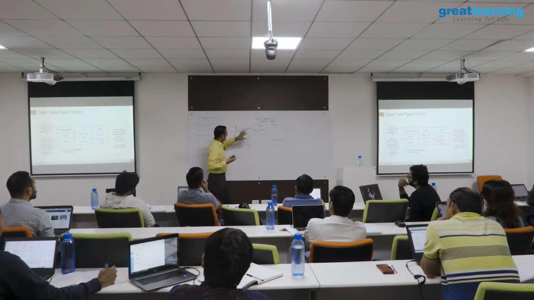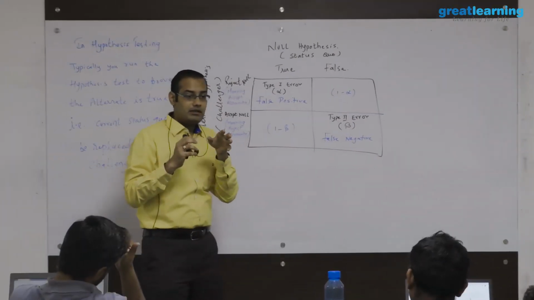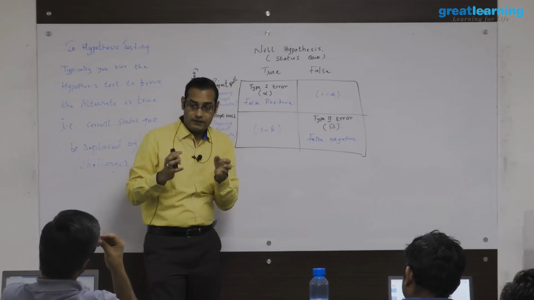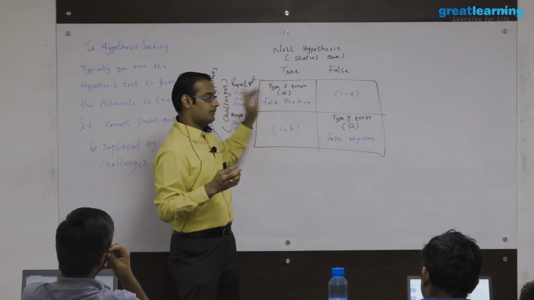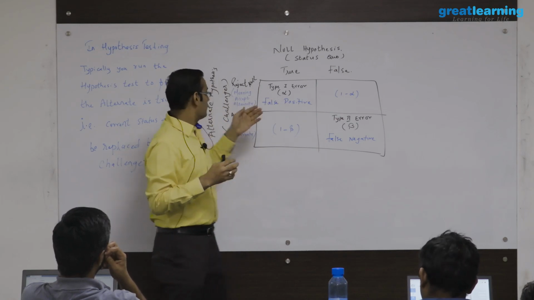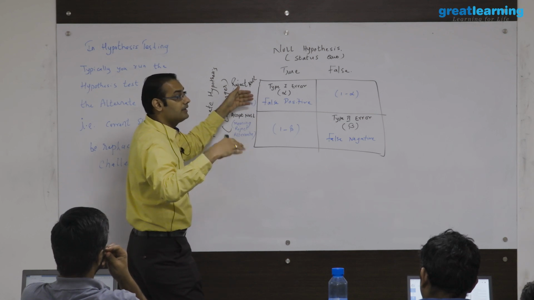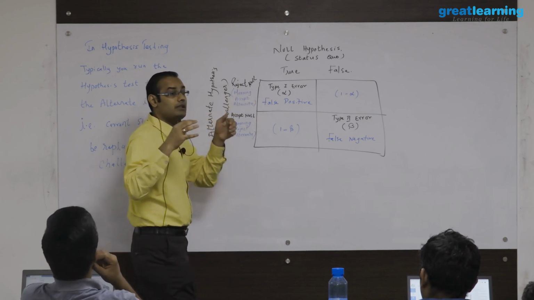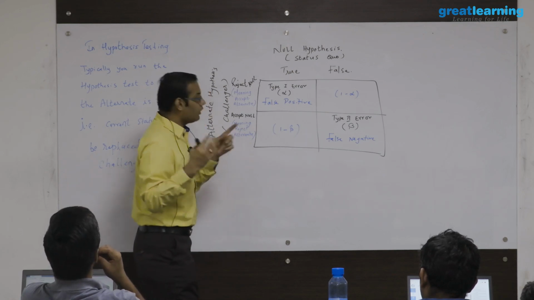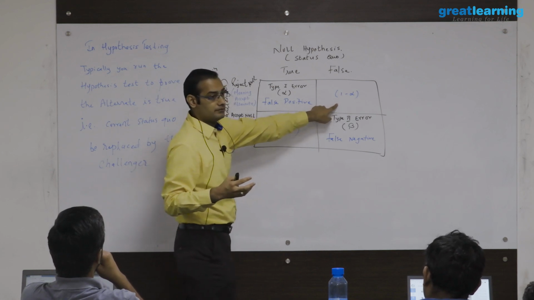For that I am doing a test. In that test I am willing to take a risk of 5%, say alpha. So if my hypothesis test suggests that the alternate is better, my confidence of the alternate being better should be more than 95%, that is 1 minus alpha.